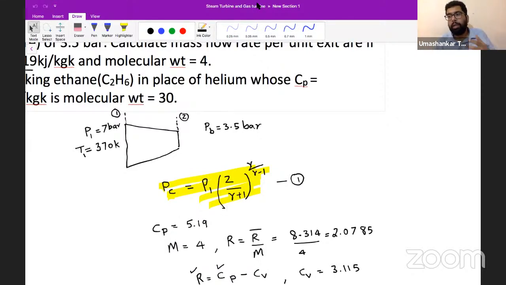You are telling me, sir, there it is written gamma plus 1 upon 2. The same formula is on the screen, my dear. The same formula is there in Bansal. I have opened Bansal live on this YouTube channel just to answer you. There also it is gamma plus 1 by 2. Here I have written the same thing.